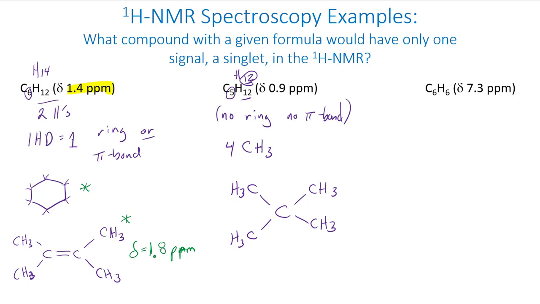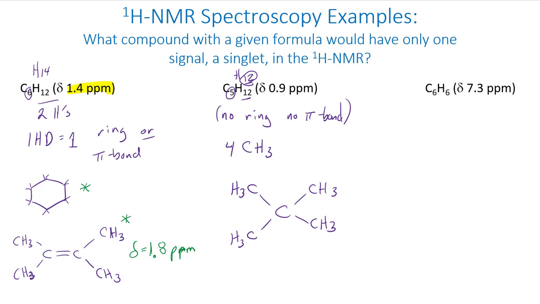And that structure, 2,2-dimethylpropane, would have 12 equivalent hydrogens, relatively far upfield, as there are no deshielding groups, no electronegative groups, no pi bonds present in the molecule.